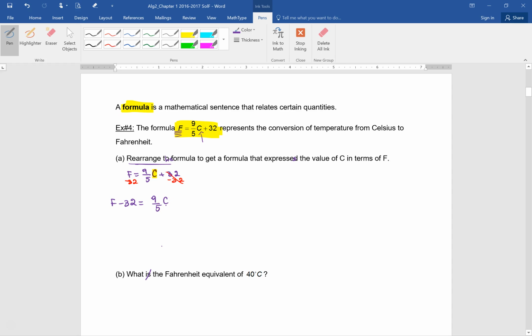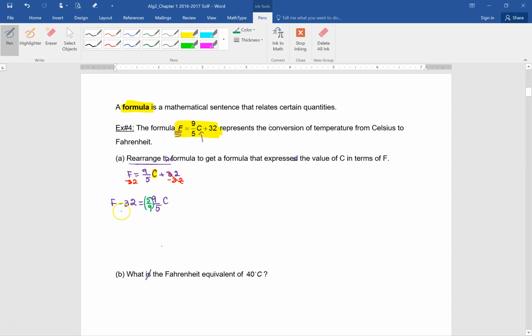Now, how do I get rid of the 9 over 5? Yeah. Good. Exactly. You multiply by the reciprocal. Nice terminology, because this is algebra 2. We don't times by 2. We multiply by 2. And here we multiply by the reciprocal. So 5 over 9. And here, what do I multiply 5 over 9 by?